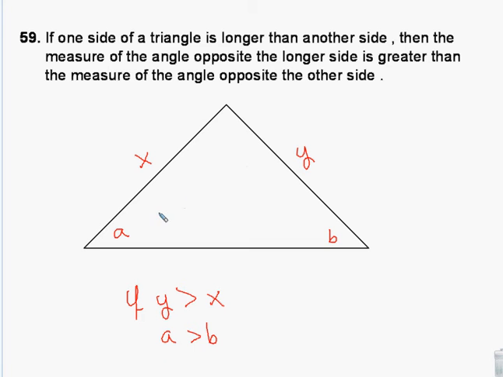Okay, so the wider angle is across from the bigger side. And it makes sense, right? Because the wider angle is going to open up further, so the side on the other side would be longer. And then the smaller angle is across from the shorter side. Does that make sense?